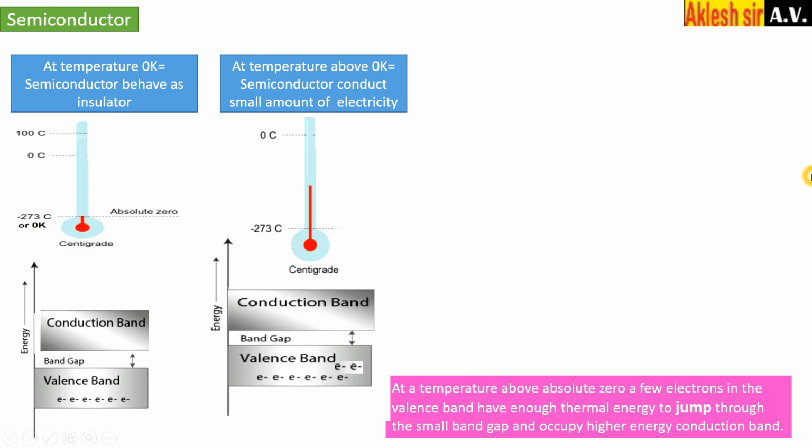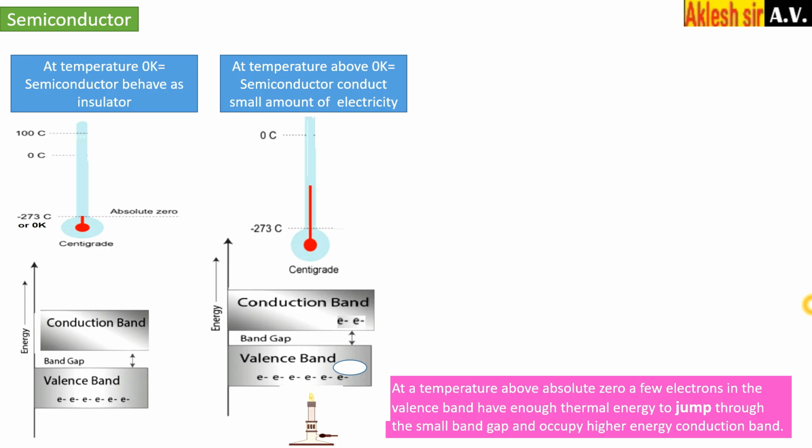At a temperature above absolute zero, a few electrons in the valence band have enough thermal energy to jump through the small band gap and occupy the higher energy conduction band. If I increase the thermal energy, or you increase the heat, then some few electrons will get a certain amount of energy and move to the conduction band and become free. Some part of the electrons go to the conduction band, become free, and conduct electricity.